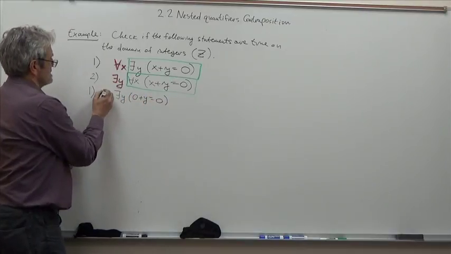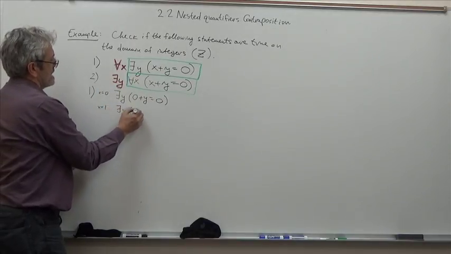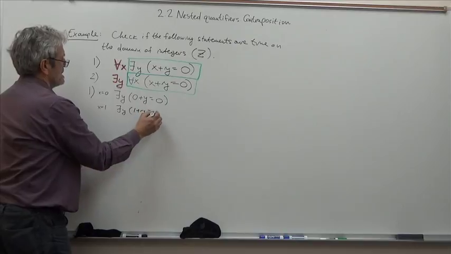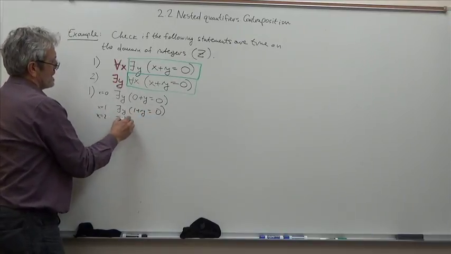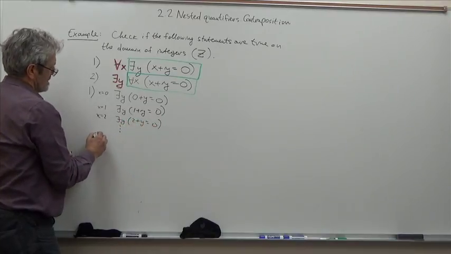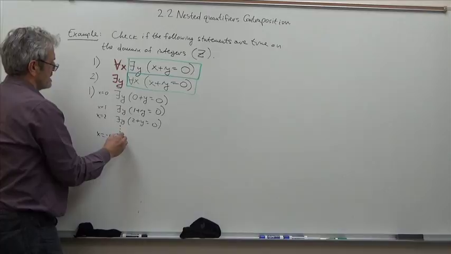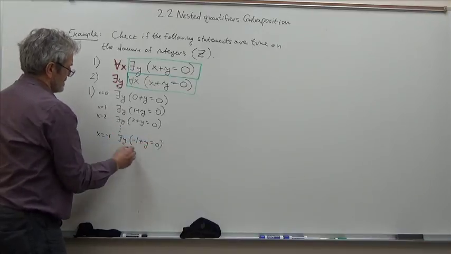That's when x is 0. If I plug in x equals 1, I get there exists y such that 1 plus y is 0. When x is 2, there exists y such that 2 plus y is 0, and so on. For x equals negative 1, there exists y such that negative 1 plus y is 0, and so on.